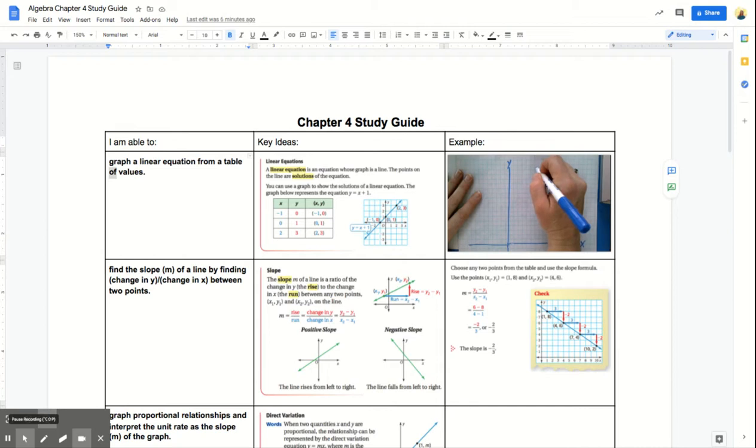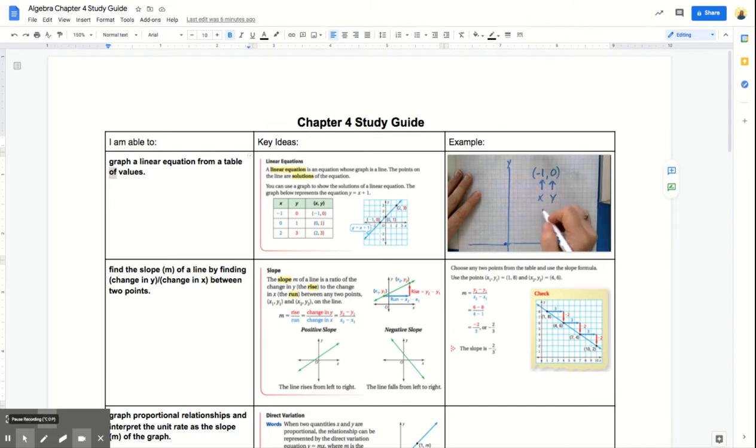We write that as an ordered pair where the first number is your x value and the second number is your y value. What that means, if we were to plot that point, x is -1, so we're going to go over this direction, the negative direction, and y is 0, so it's going to be right there at that point.